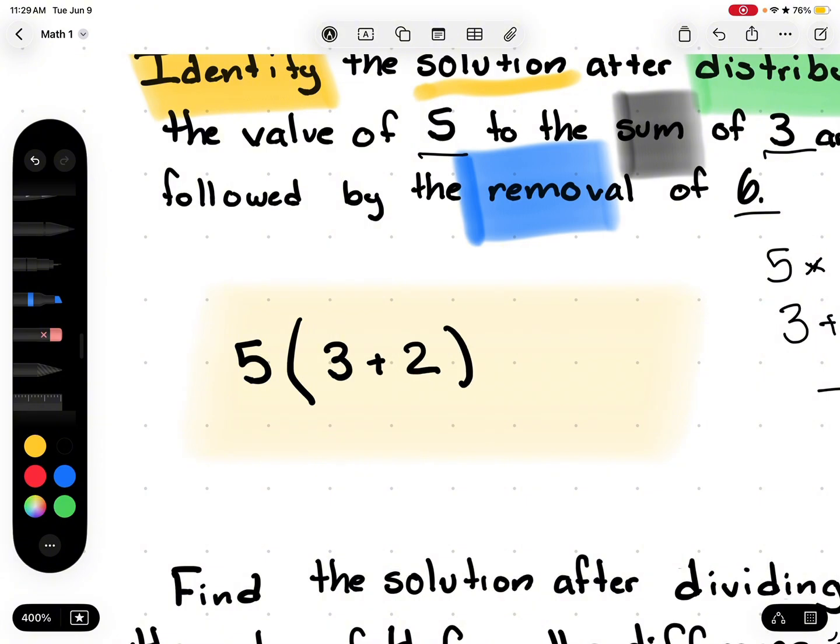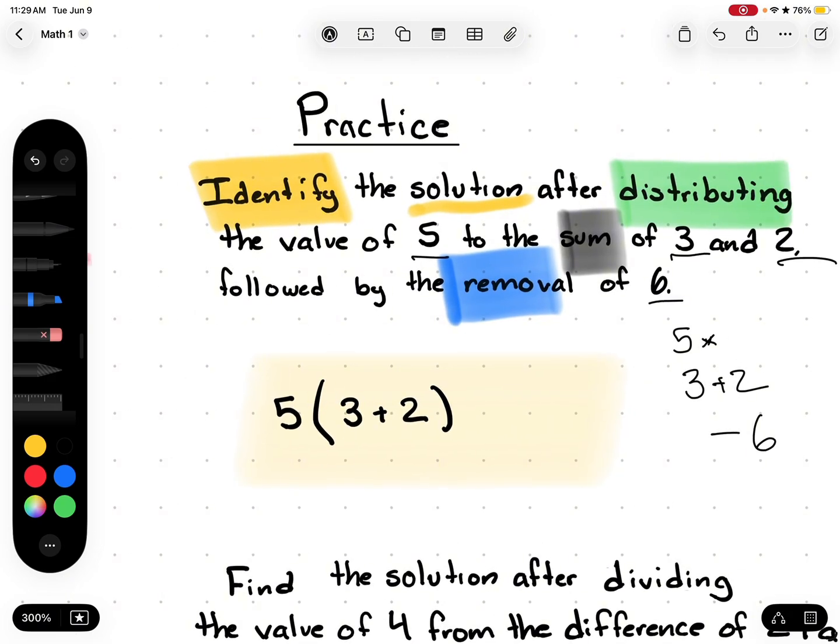And we know that 3 plus 2 is going to be inside the parentheses because whatever is in the parentheses is done first. So as you can see here, to the sum of 3 and 2, you're multiplying by 5, because that's what the words mean. You do this first and then you do that. And then followed by the removal of 6 means that after all of this is done, we subtract 6. So that's our problem.